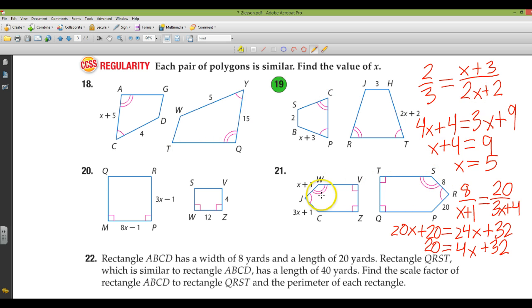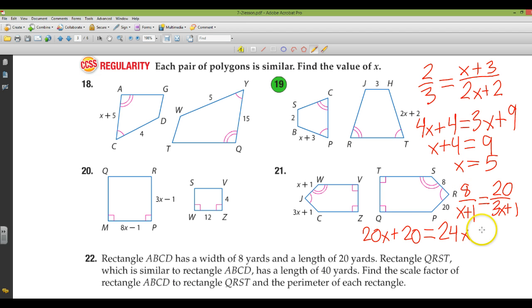And actually I made a mistake here. For some reason I wrote down 3x plus 4 when it was 3x plus 1, so let's go back there. Now when we cross multiply, we still get 20x plus 20, and we still get 24x, but we get plus 8.